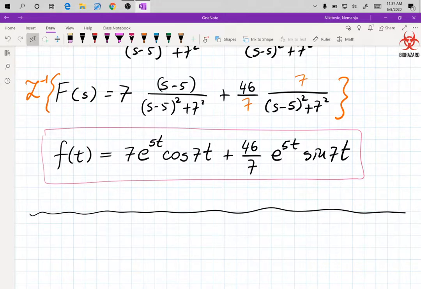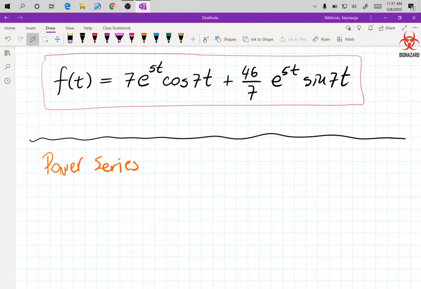Now, we have the first question here coming for the power series. And we have the solution for y prime plus 8xy equal to 0.